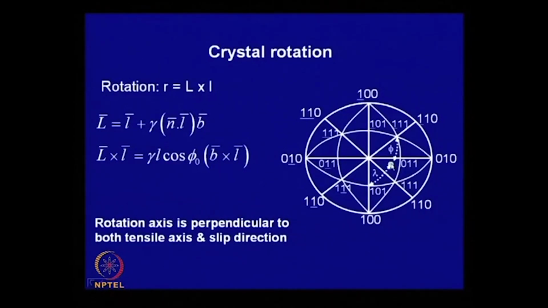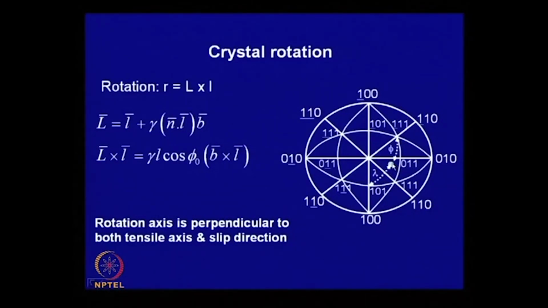Now, suppose here in the standard projection, this is the tensile direction. In this case, what is your slip plane which is operating? Obviously, this is the slip direction and this is the slip plane. Now, the rotation axis is perpendicular to this as well as this.